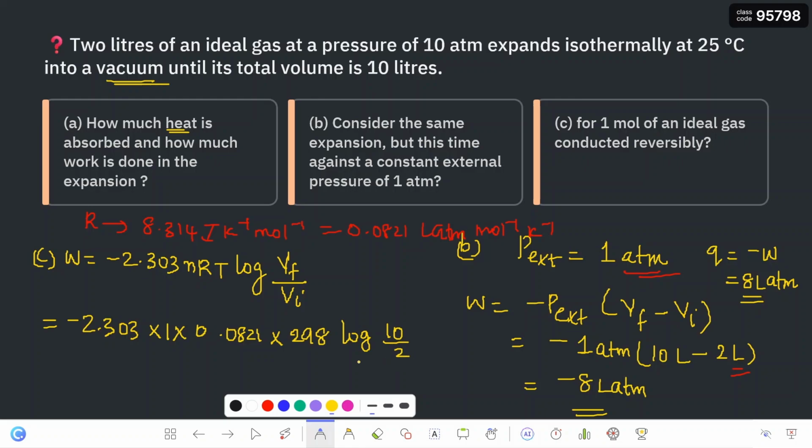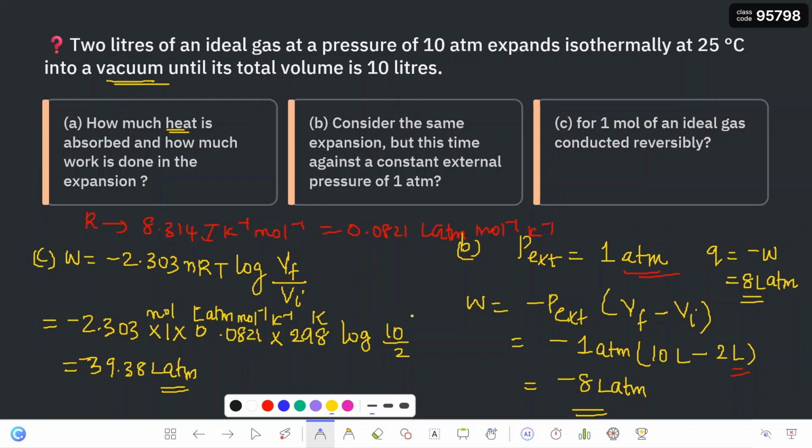Okay. Then when you are calculating, you will get 39.38. W is minus 39.38 liter atmosphere. So this unit also you can see. When you are seeing this, n is in mole, R is in liter atmosphere per mole per Kelvin, and temperature is in Kelvin.